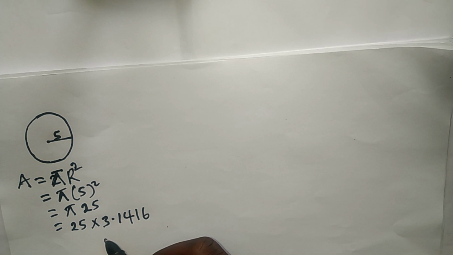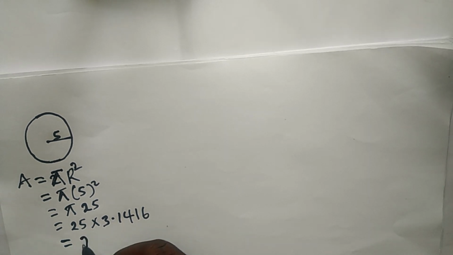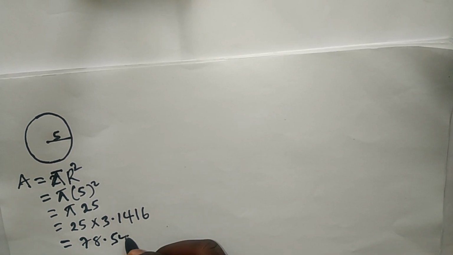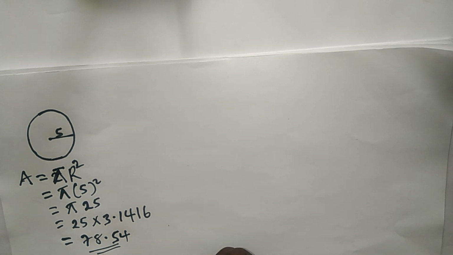This is the figure for pi. You can use your calculator to confirm that. Then when you multiply 25 by 3.1416, what you get is approximately 78.54. So this is the area of this circle.